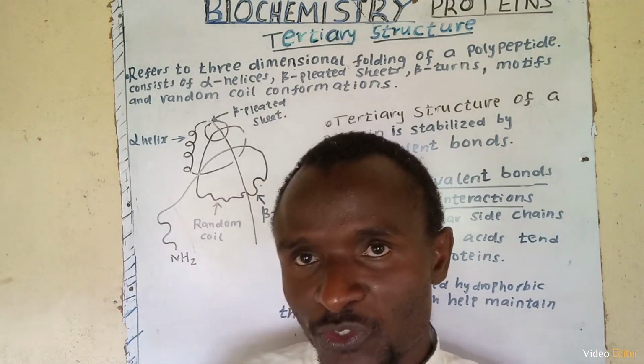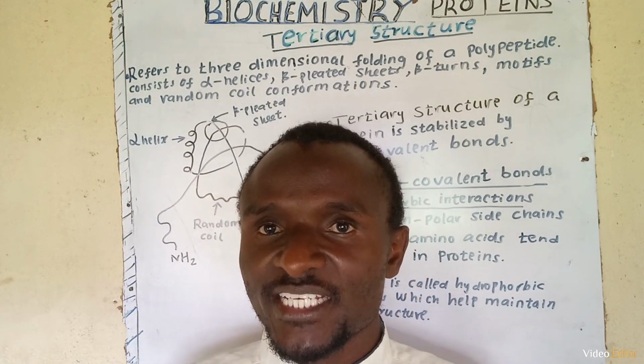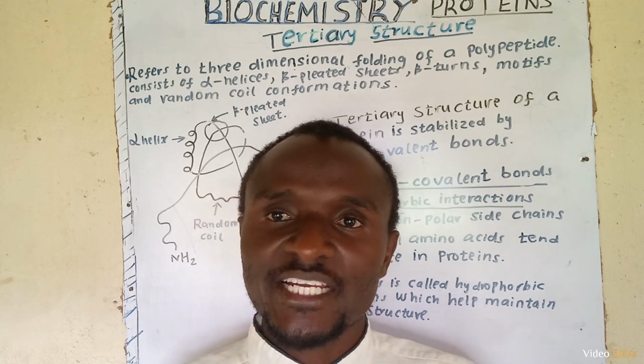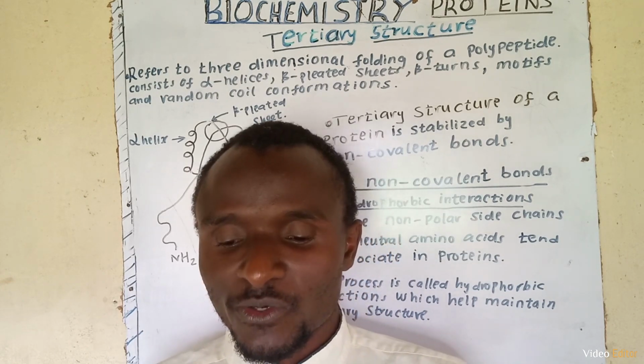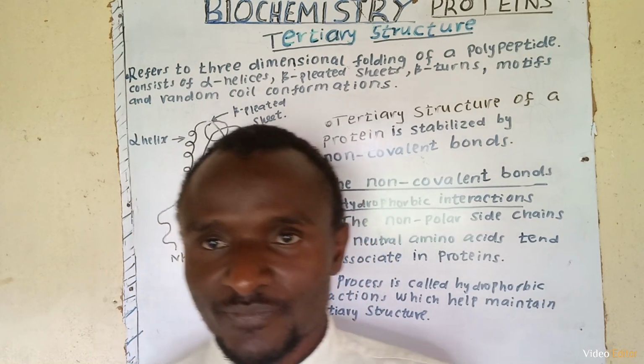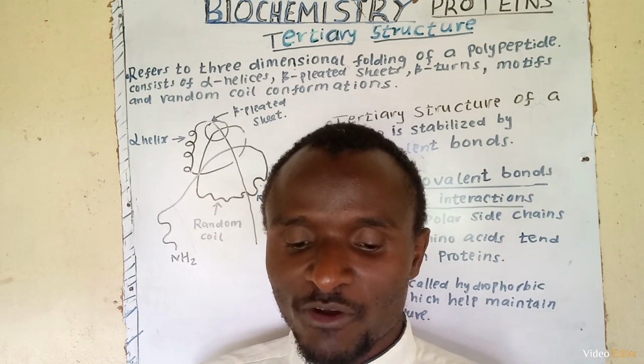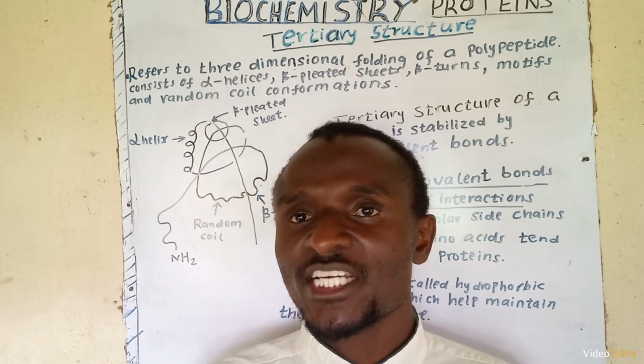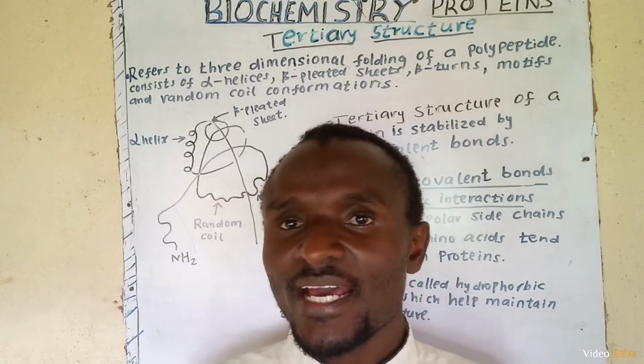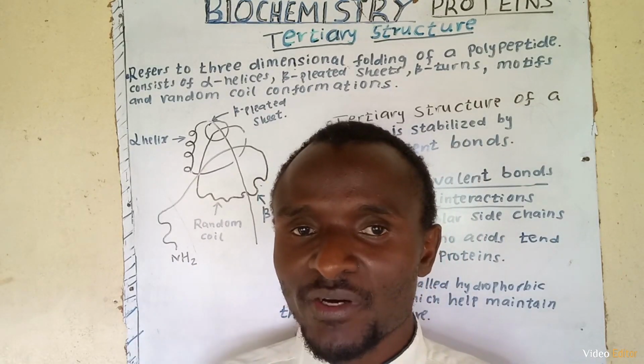Another thing that you are supposed to know is that the tertiary structure of a protein is stabilized by non-covalent bonds. So these bonds include the hydrophobic interactions. Side chains of neutral amino acids tend to associate with each other. Number 2 is electrostatic bonds.